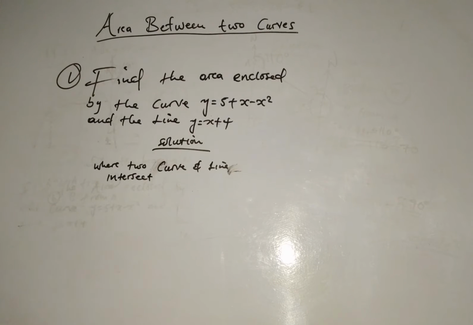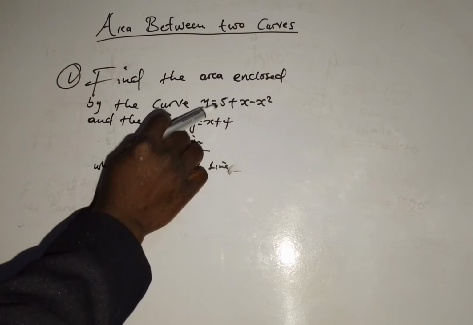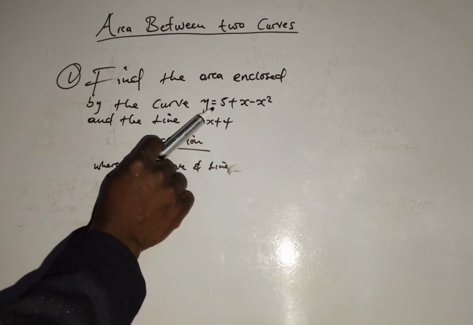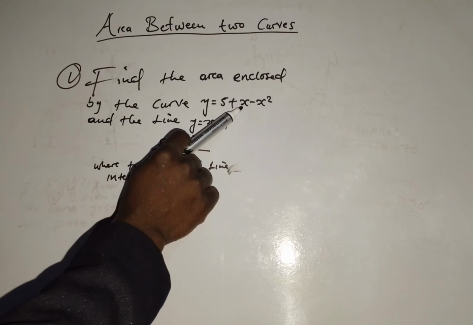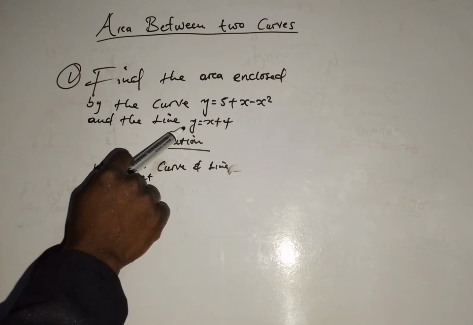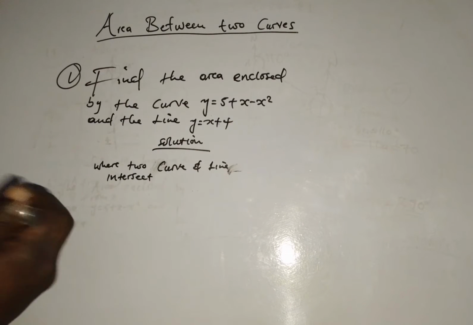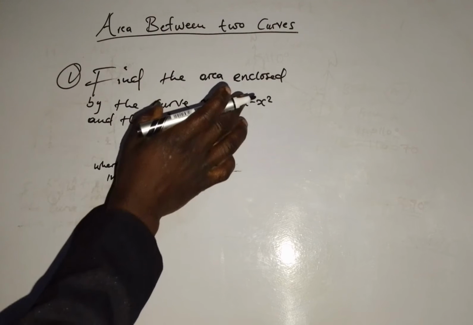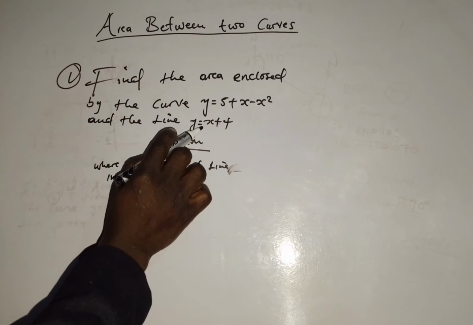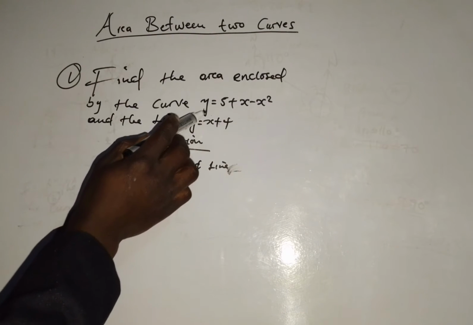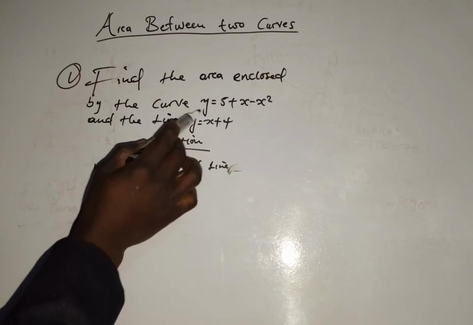To find the intersection of the equation y equals 5 plus x minus x squared with y equals x plus 4, we equate this equation to this one, because here we have y and here we have y.